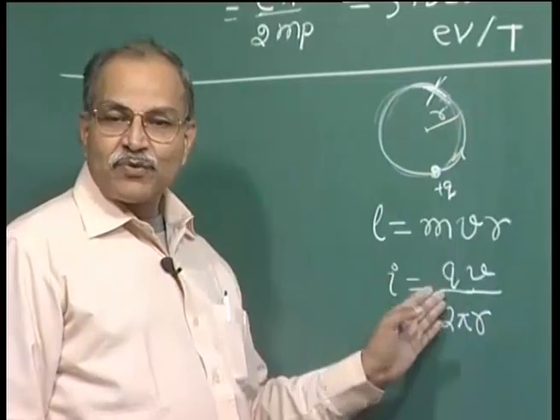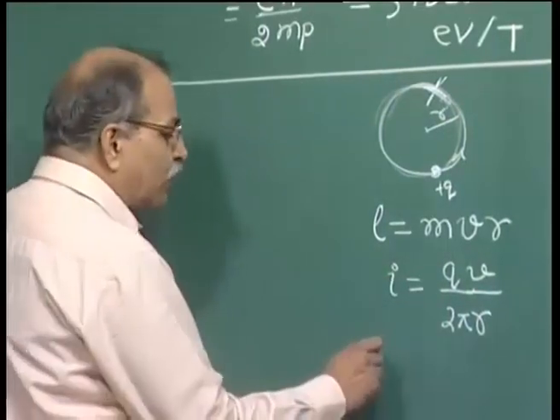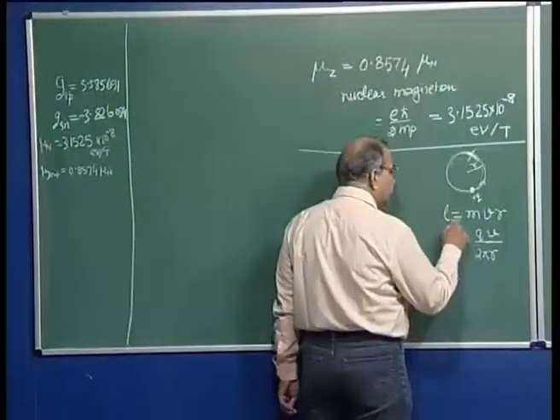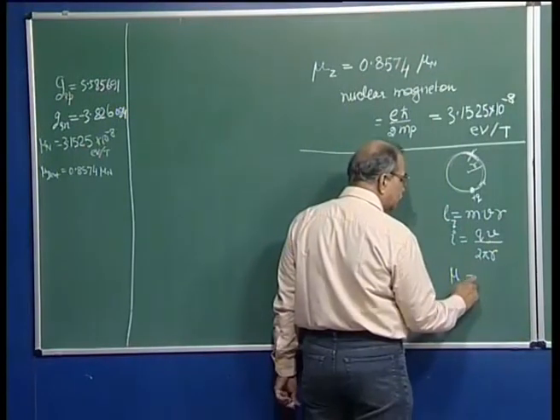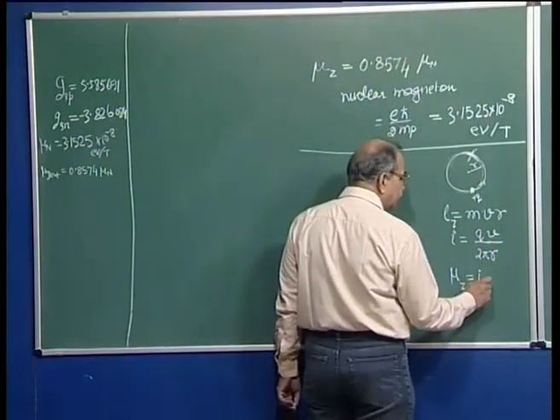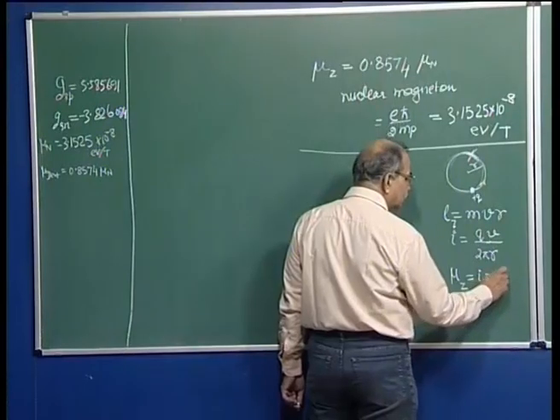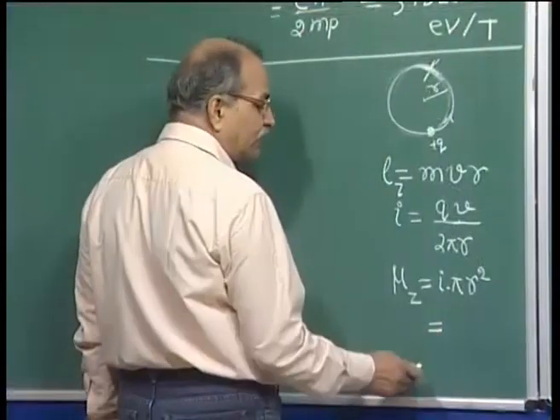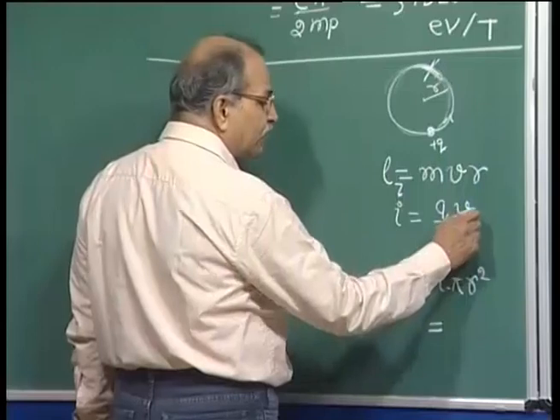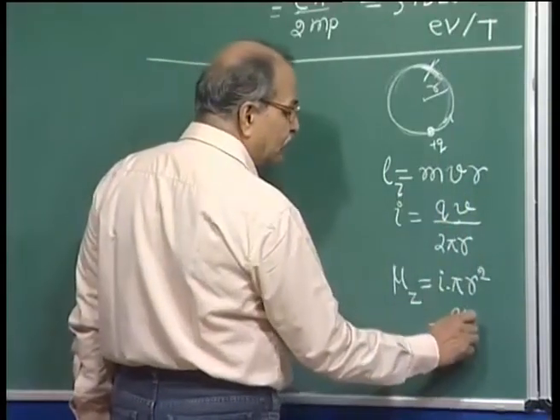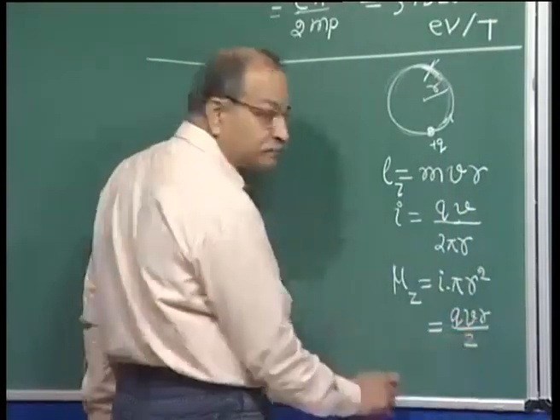This will be the equivalent I, and the magnetic moment mu z will be I times pi r squared, the usual electromagnetism formula. So, it is q v r by 2.